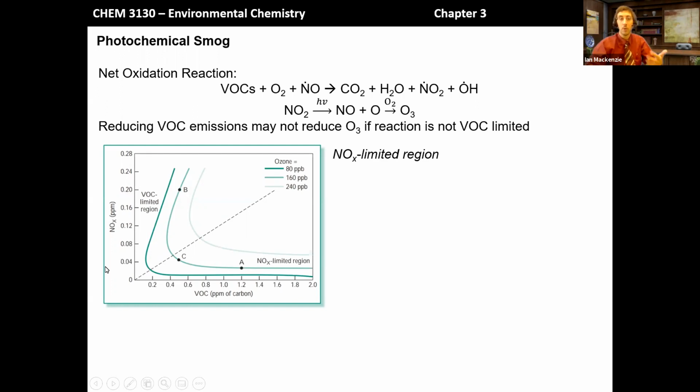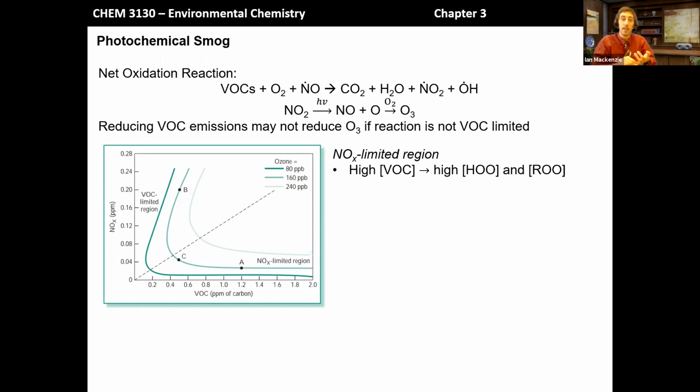First of all, in the NOx limited region, that means that we've got excess VOC concentration. Because we have a high VOC concentration, then presuming that we've got hydroxyl radical around, that means we also have a high concentration of peroxy radicals, whether those are hydroperoxy or just peroxy radicals shown here.